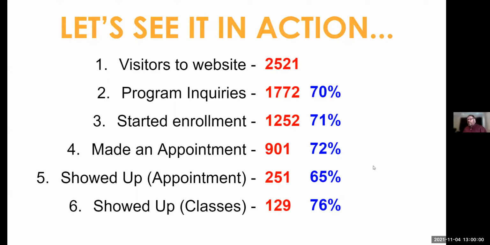And then if those numbers are looking good, I'd want to know number 1. How many people are actually showing up in your world, first and foremost? That's the biggest thing. Because if that number is really high and then your program inquiries is low, the problem is something in your initial messaging is off, and you need to evaluate that initial messaging so that it can focus better on that side.